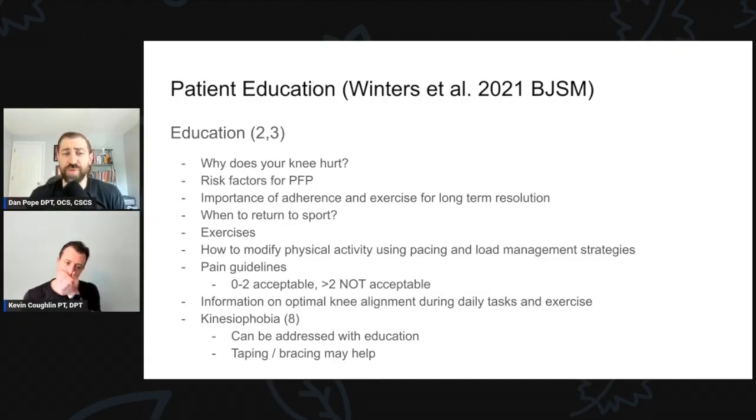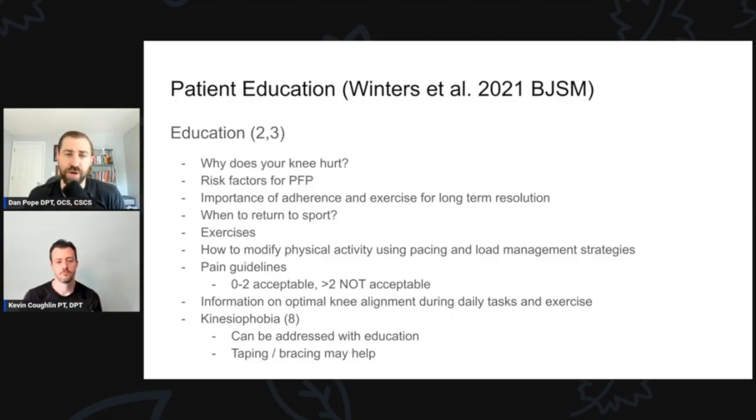They also talked about how to modify physical activity using pacing and load management strategies. More on that later. They talked about pain guidelines as well. One of the things I will say is that they utilized their own system for how much pain was acceptable. We use a pain monitoring model a lot, which is 5 out of 10 or less is okay, as long as you don't have pain after exercise or the following day.